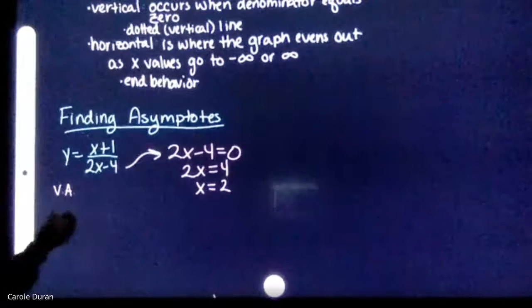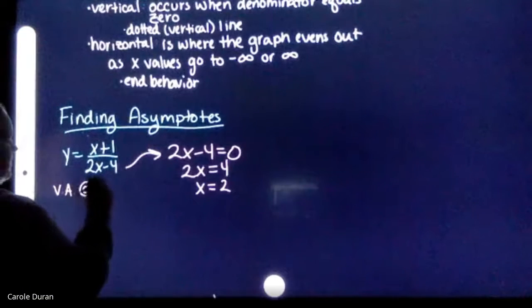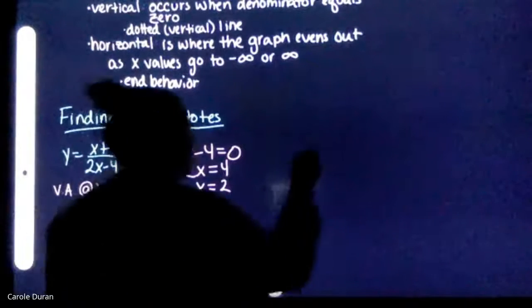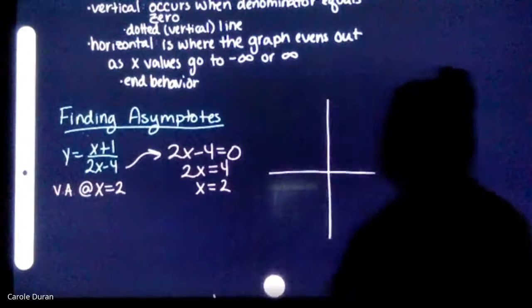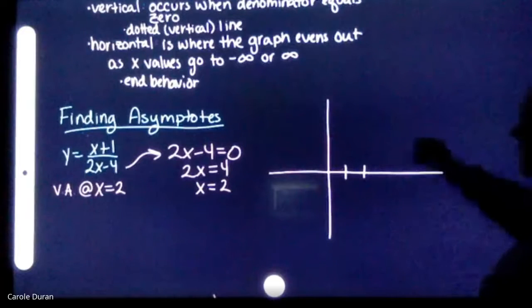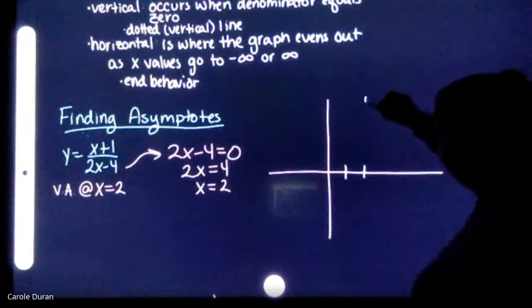And this means I have a vertical asymptote at x equals 2. On a graph, let's say theoretically I have been graphing this. This means I would go to the x value of positive 2, and I would draw a dotted line.